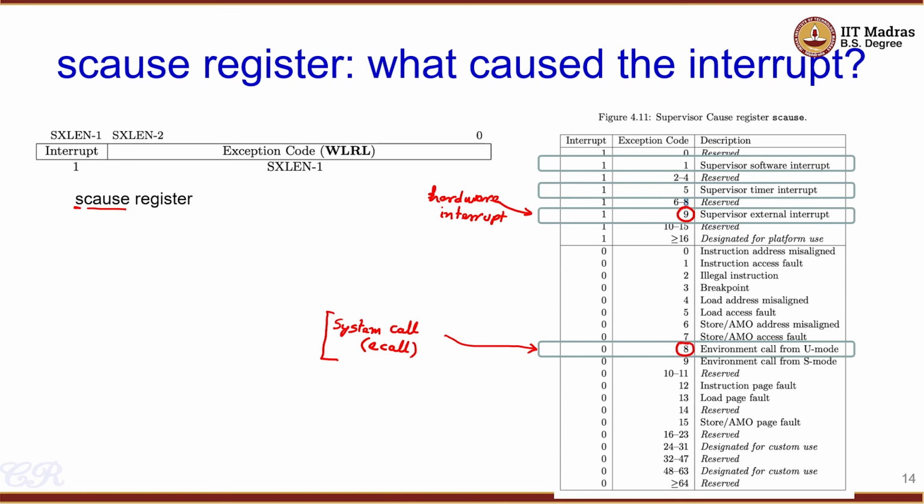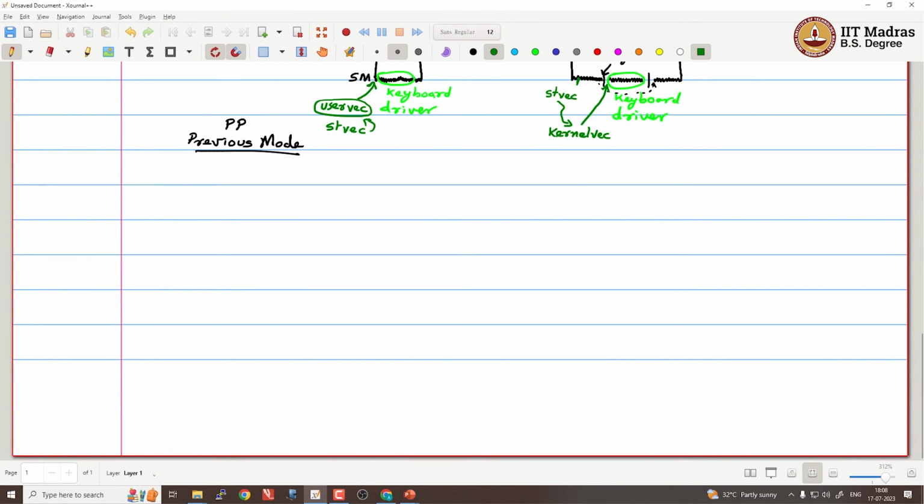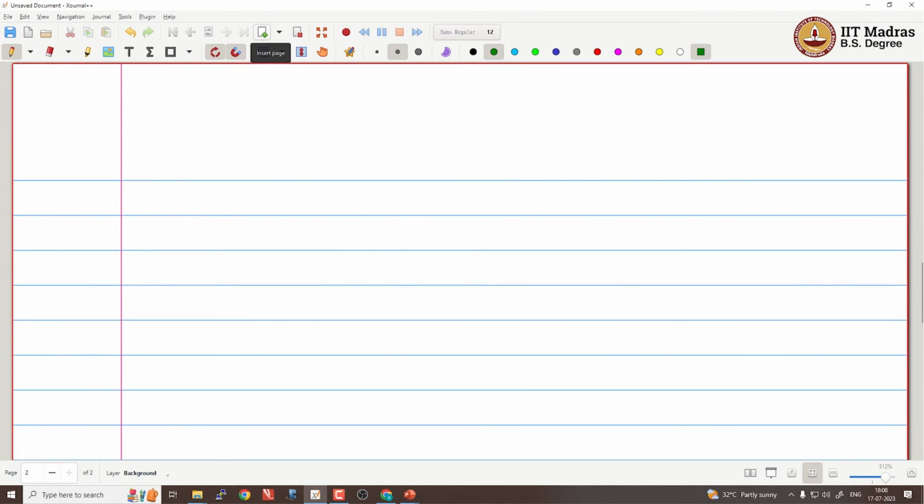So we'll take an example of what happens when a process invokes ecall. We have a user process, and it is executing, and it executes ecall.